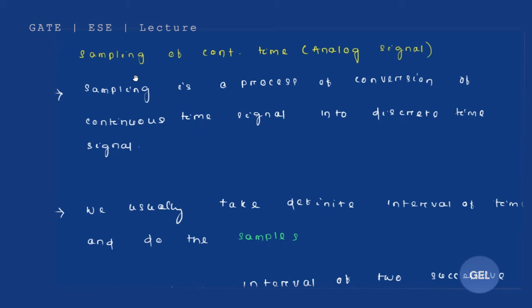Nothing else, it is a very simple thing. You have a continuous time signal and you need to convert it to a discrete time signal. So sampling is the process in between these two. Through the sampling process we can convert a continuous time signal into a discrete time signal. That's the whole concept. Clear?